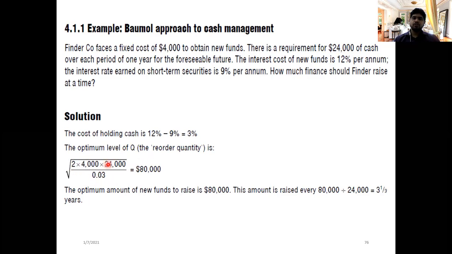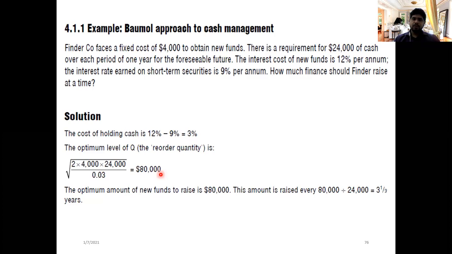When we solve this equation, we get 80,000 as the optimum cash balance. If you keep more than 80,000, you have to invest that money in other securities. And if the cash balance goes below 80,000, we have to get money from the bank or other sources.